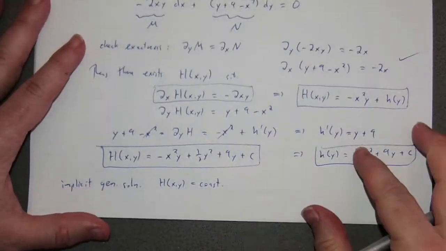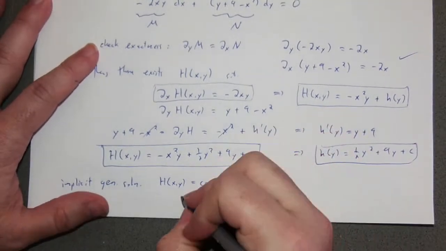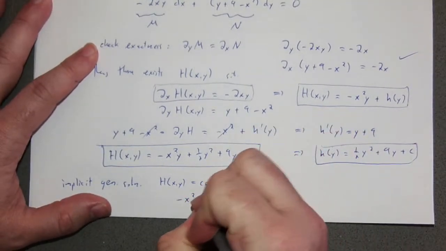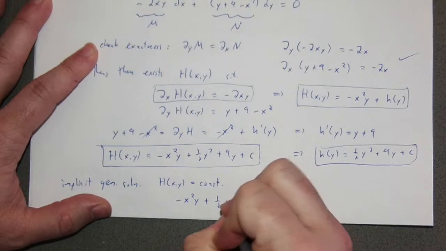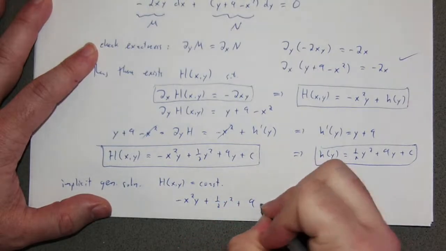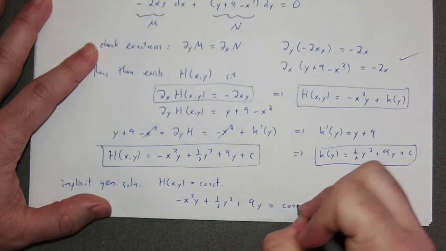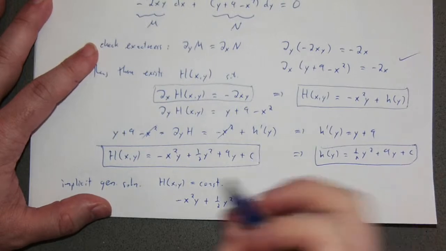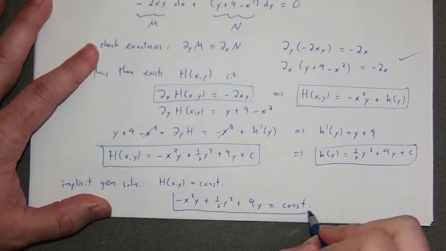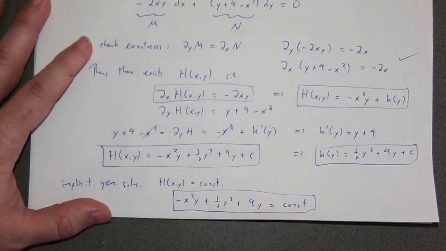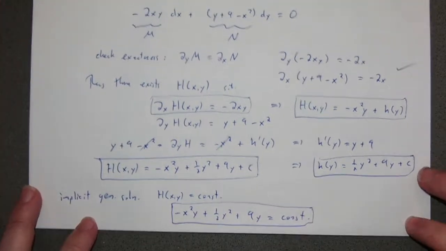So this is me setting minus x squared y plus 1/2 y squared plus 9y equal to constant. Right, where'd the c go? Well, I included it with whatever that constant is. This is my implicit general solution. There it is.